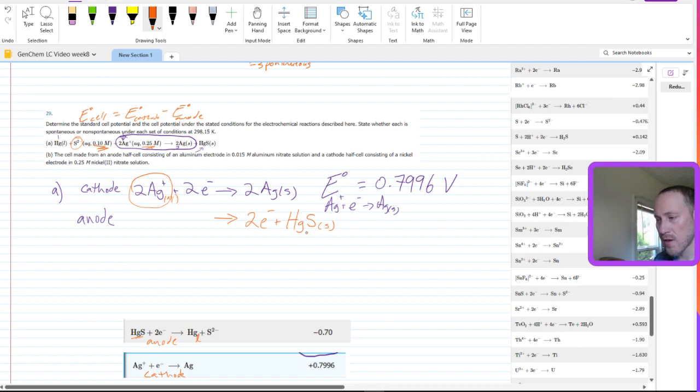Now, this is weird because usually if it becomes solid, it got reduced. But in this case, it actually was more electron rich as liquid mercury. So you can see that the sulfur lost those 2 electrons. That's what happened.